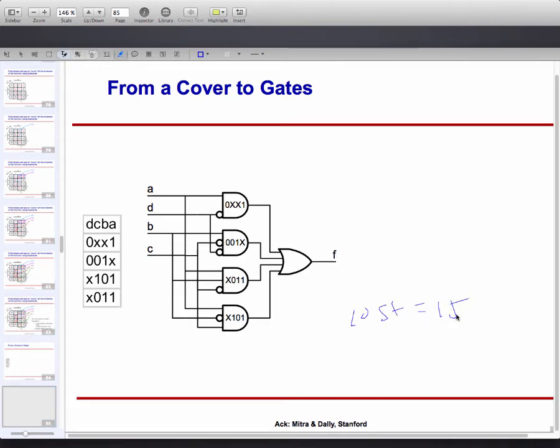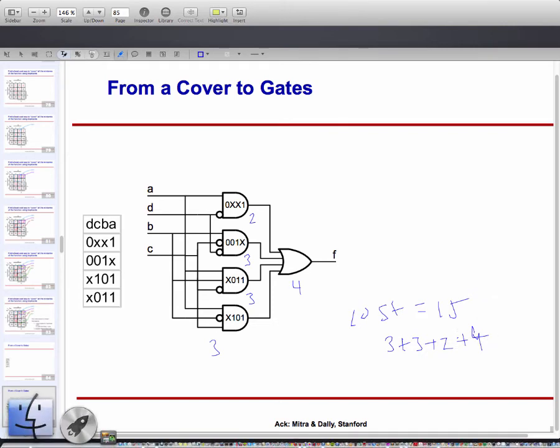The reason the cost is 15 is I have a cost of 3 here because of 3 inputs, a cost of 3 for this gate also, a cost of 3 for this gate also, a cost of 2 for this AND gate, and a cost of 4 out here. So this is 3 plus 3 plus 2 plus 4. Okay, so that's how we do the cost.